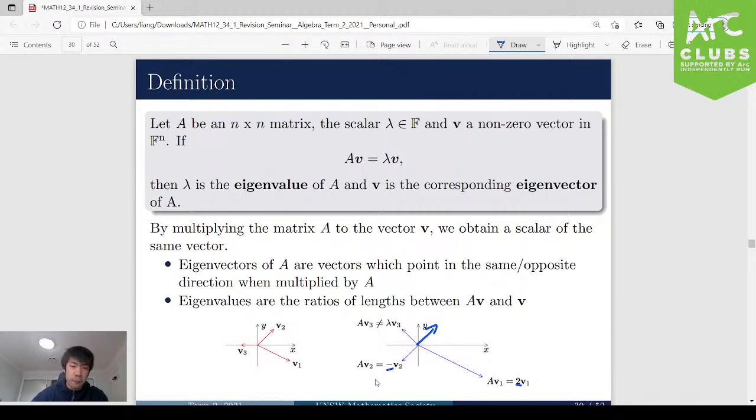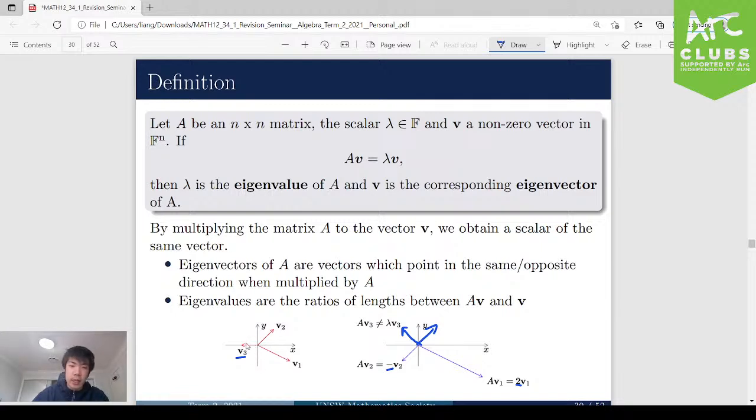That's still acceptable. The type that is not considered eigenvalues and eigenvectors would be the example V3. When you applied A to it, we end up with this vector here. If you compare that to this red one here, this original V3 here, it's not any sort of scaling by any means.